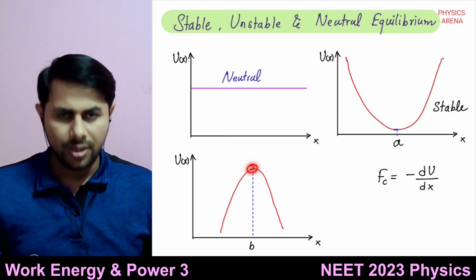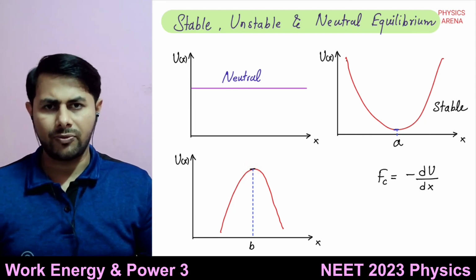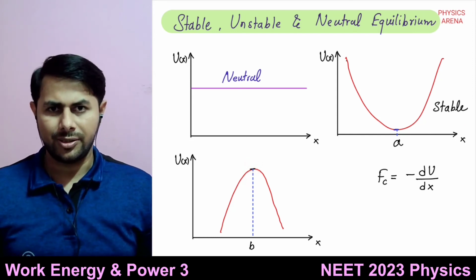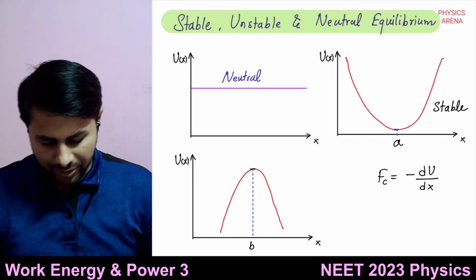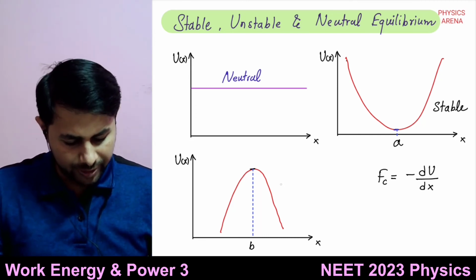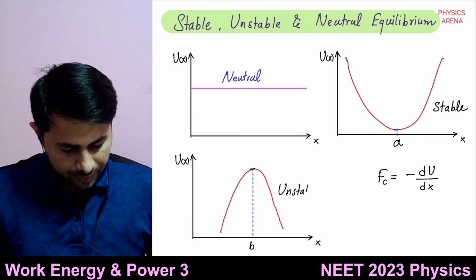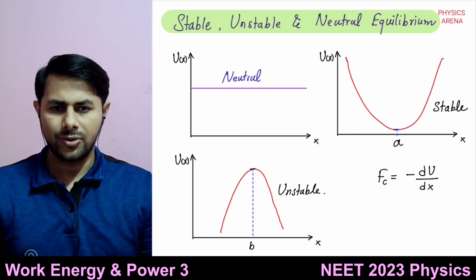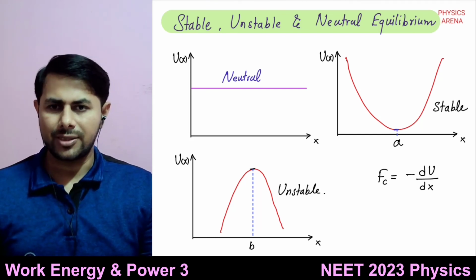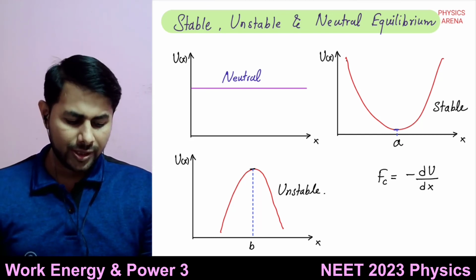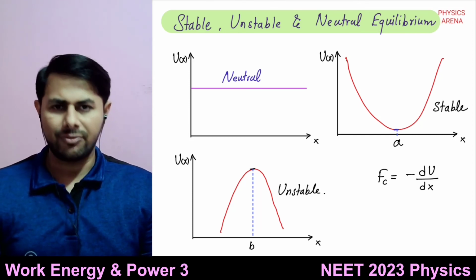And here, if you shift the object a little bit, it will be pushed away and will never come back. That's why we call this unstable equilibrium. So you got this? These are the potential energy versus position graphs of neutral, stable, and unstable equilibrium.